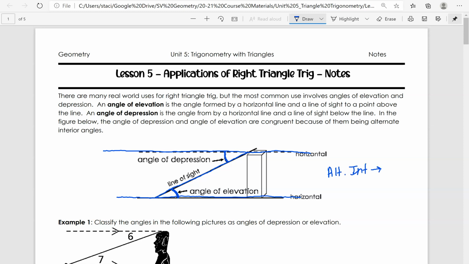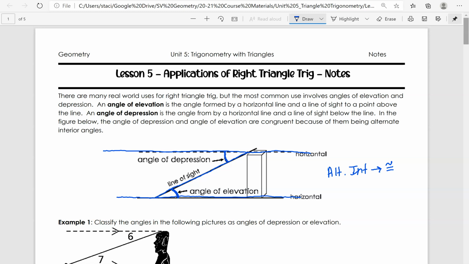And we know alternate interior angles are congruent. So sometimes when we start looking at problems, the angle of elevation or depression might be outside of the triangle, but we can use alternate interior angles to bring that angle to one of the angles that are specifically in a triangle in order to set up and solve using right triangle trig.